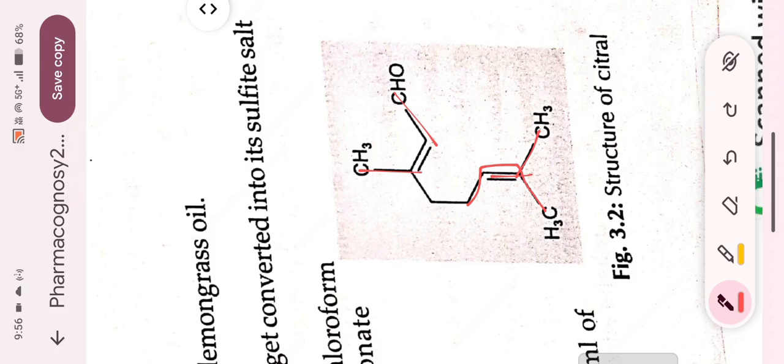Explaining is easy, but the thing is memorization, and ultimately you have to go and write in the examination. You can't experiment whether you can write it or not. You have to memorize it. How can we memorize? We'll divide the structure.